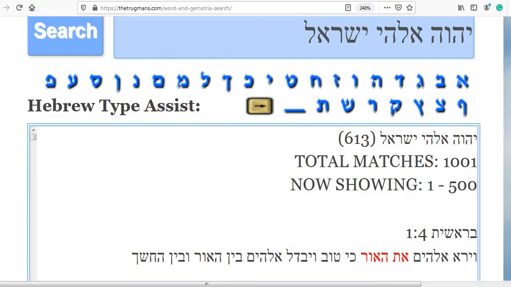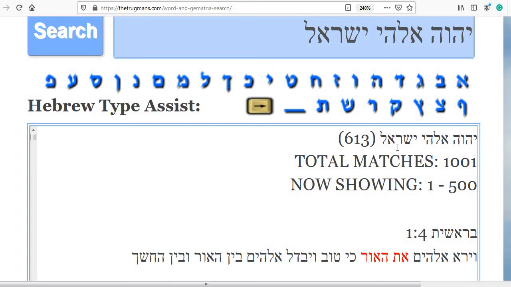But this isn't the first time I've run across this type of thing. If you take Hashem, God of Israel, it has the value 613, and everybody knows that there are 613 divine laws or commandments or mitzvot in the Torah. 613 is the exact number of mitzvot in the Torah. It just happens to be the exact gematria of Hashem, God of Israel.